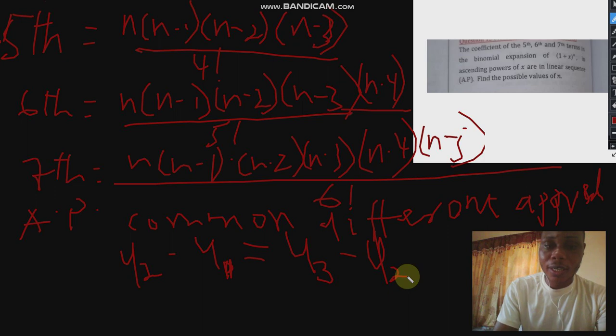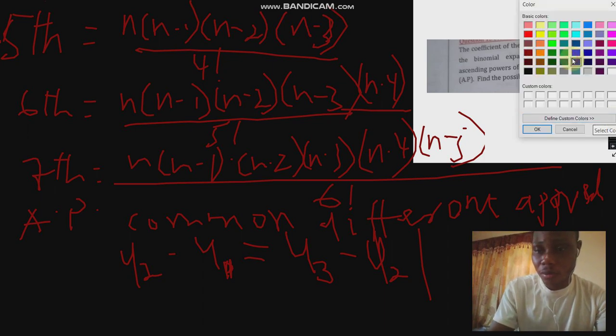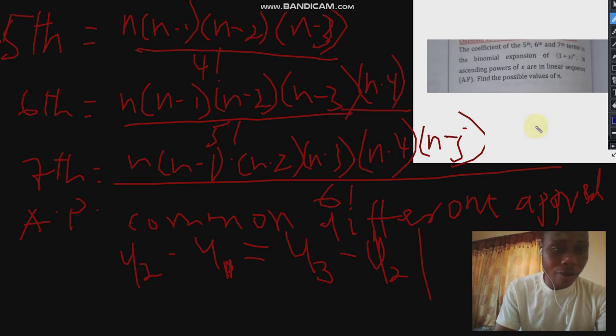So in this case, the 6th term minus the 5th term will be equal to the 7th term minus the 6th term. This is what we are going to use to solve the equation.